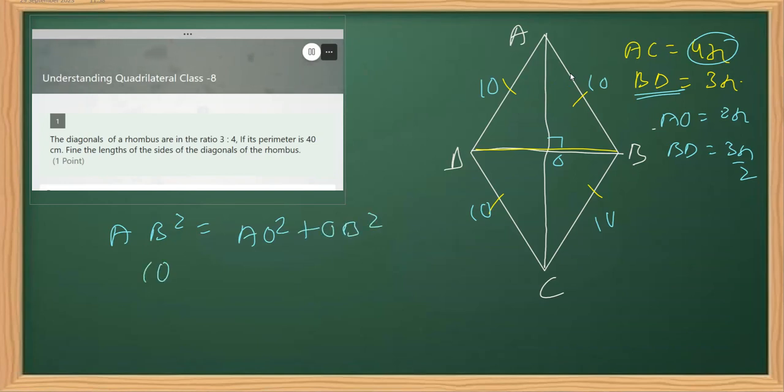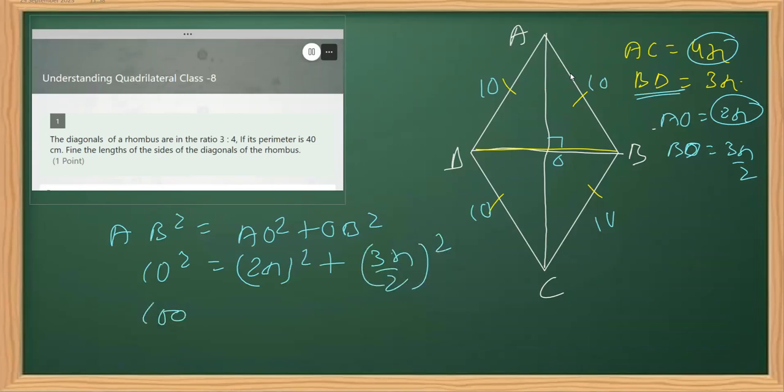I'm replacing AB with 10, AO with 2x, making sure to put it in brackets with the square, and OB with 3x over 2, whole square.